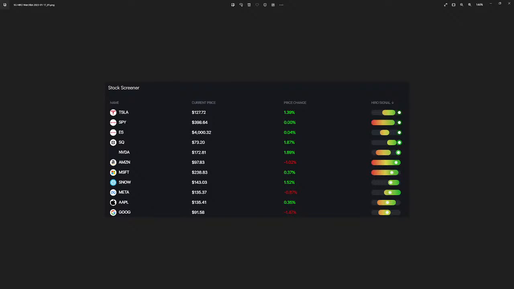I posted this about 9:50. So we've seen great setups in Tesla, SPY, NVIDIA, now Snowflake. And the only one that we haven't looked at yet is Tesla. And I posted that in Discord as well.